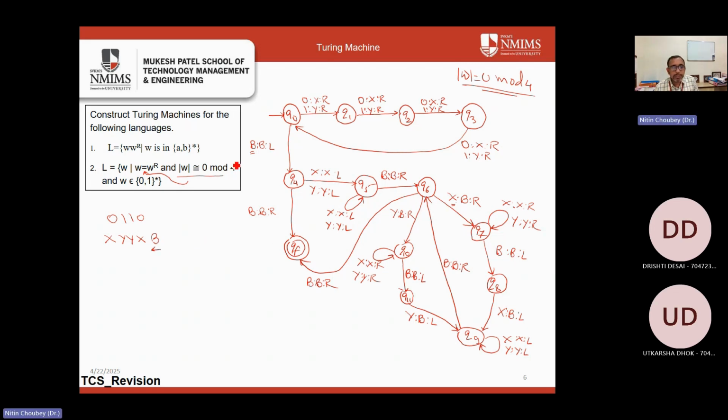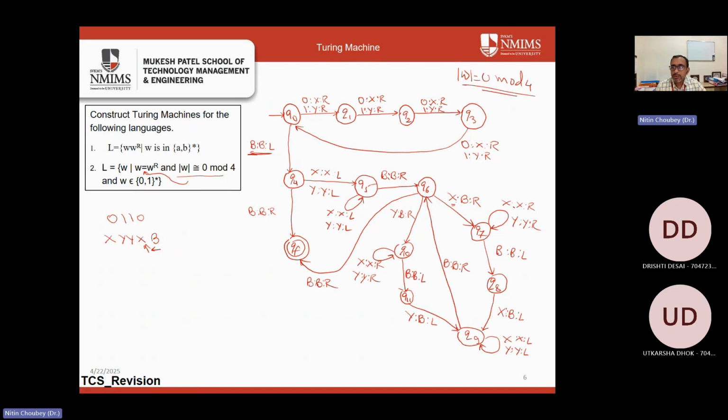On the receipt of this blank, we moved from Q0 to Q4 and turned the direction to left. So we are pointing to this X in Q4 and our direction of movement is towards left. Is this clear up to Q4? Yes, sir. Now further, we are checking, is the symbol available after this X or Y?